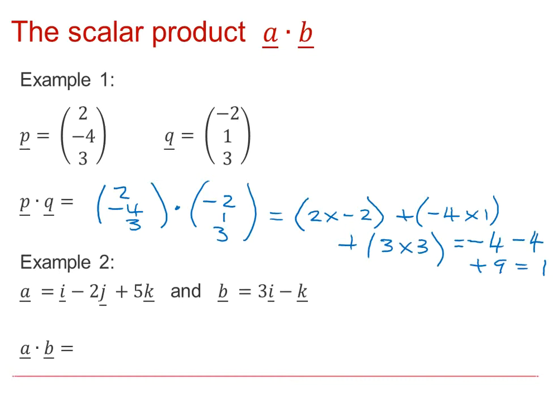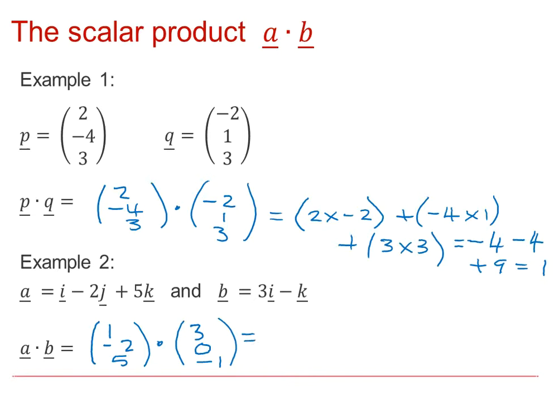In the second example, vectors A and B are given in component form where we have 1i minus 2j plus 5k. So let's just write that in this form here. And the dot product is with B, where we have 3i, 0j, and minus 1k.